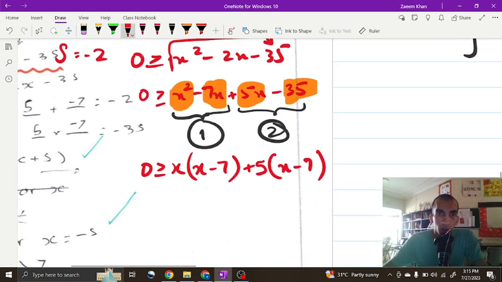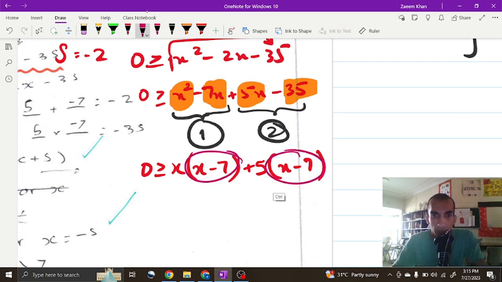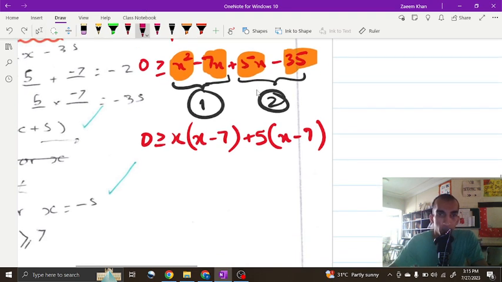Are these two brackets identical? Yep. If and when they're identical, that means that our factorization is correct so far. Can you help me get the answer for this while I try to grab myself a calendar? Give me the answer for this.